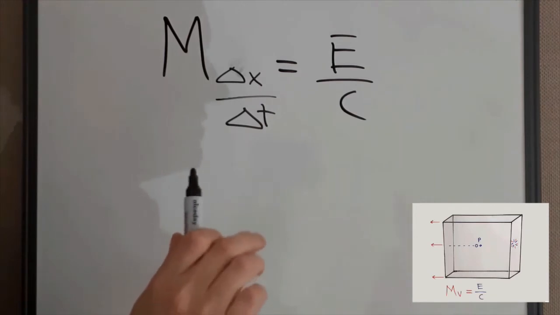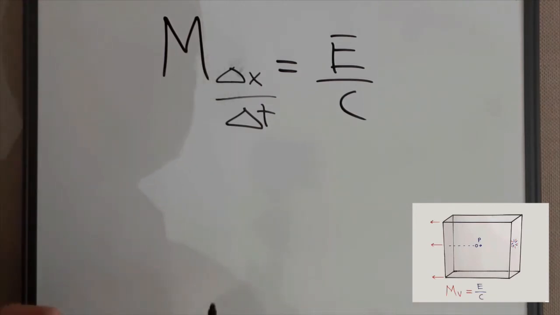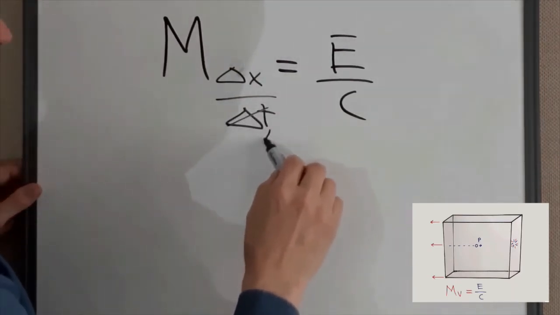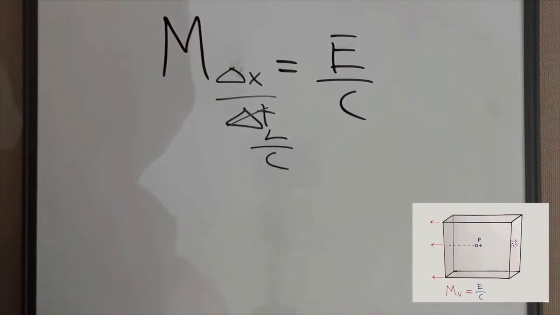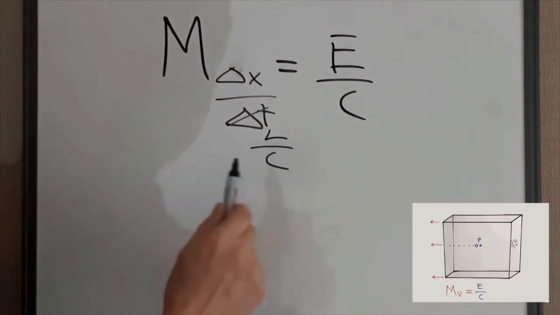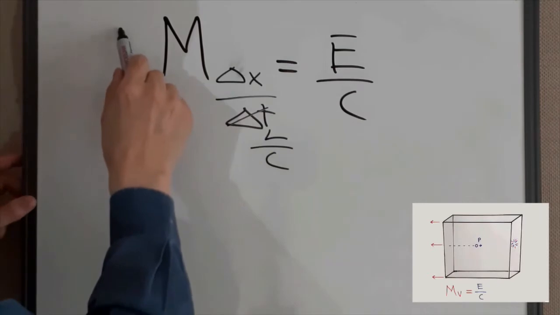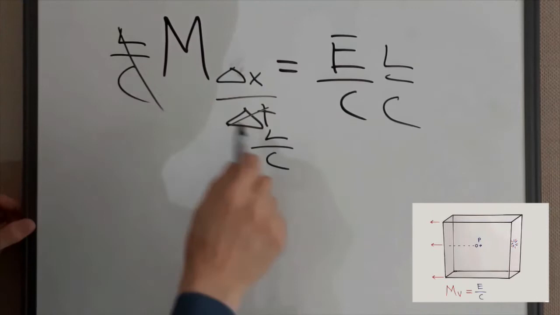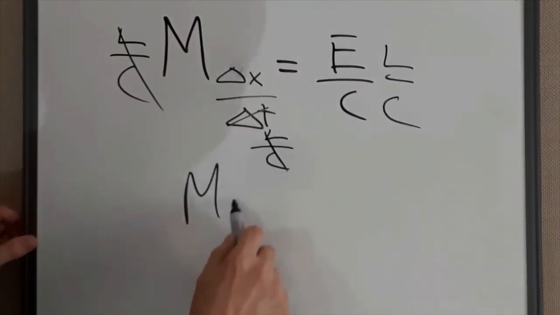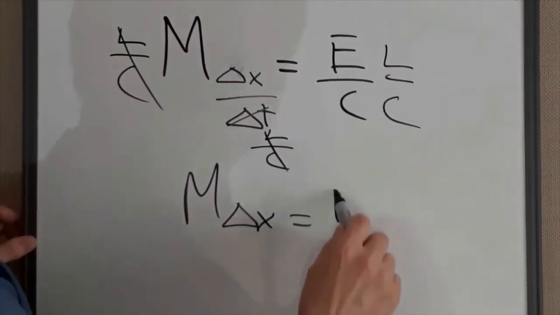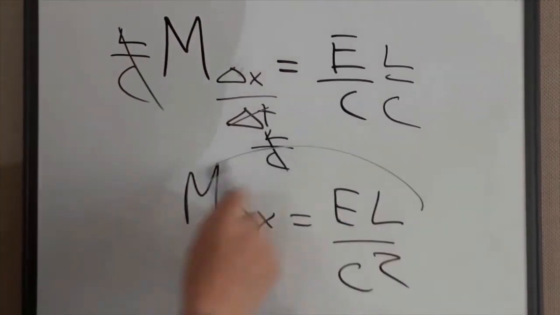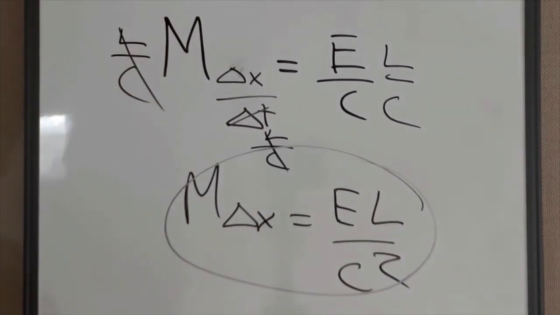The change in time is the time it takes to cross the length of the box divided by its speed, L over C. Now, to get rid of that, you multiply both sides by L over C, and you get m delta x equals EL over C squared. And that's the first part of the algebra.